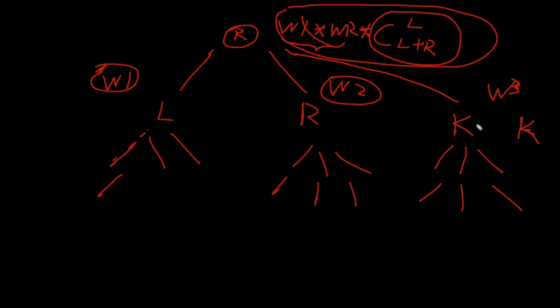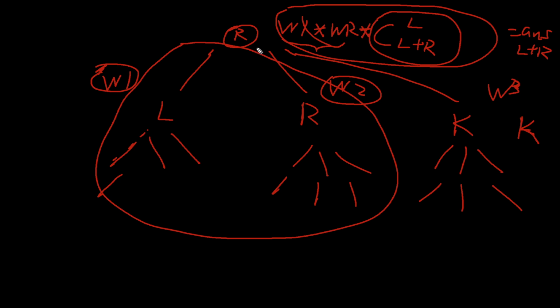Now we have a third one, and the calculation will be different because now we have the final answer of the merge. We use this answer, plus L plus R, as the total nodes of this part. Now we treat this part as one subtree and merge it with the new subtree, using exactly the same formula.